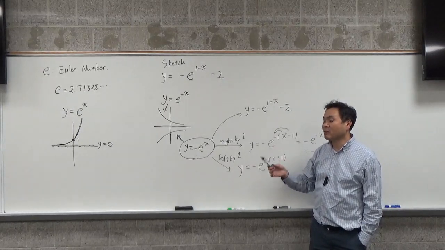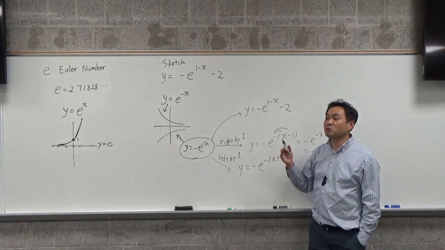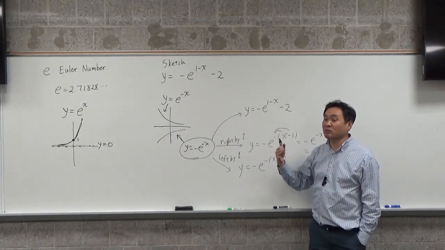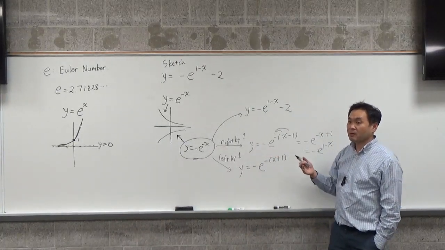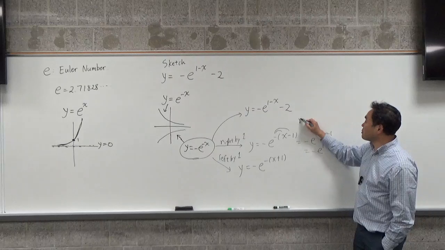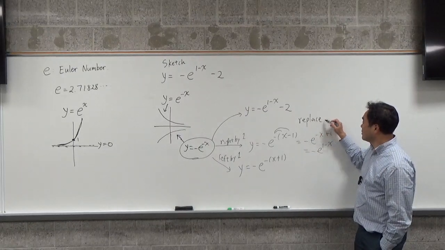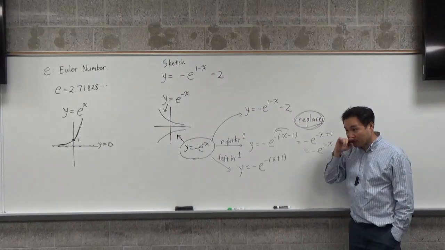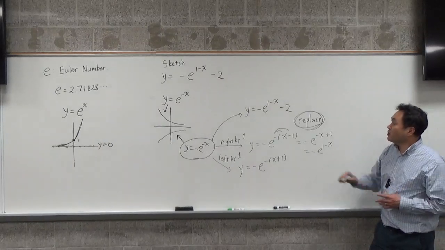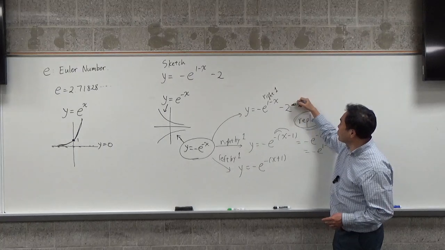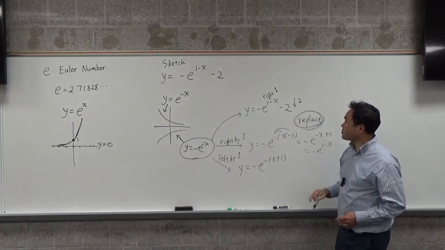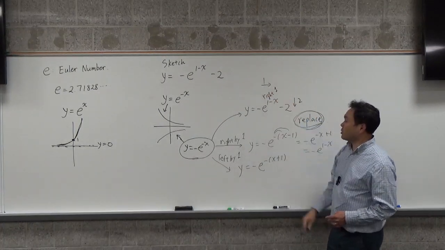If you replace x by x plus 2, the graph moves negative 2 in the x direction, which is going left by 2. The important word here is replace. All right, so this moves right by 1 and goes down 2. So 1 right, down 2.